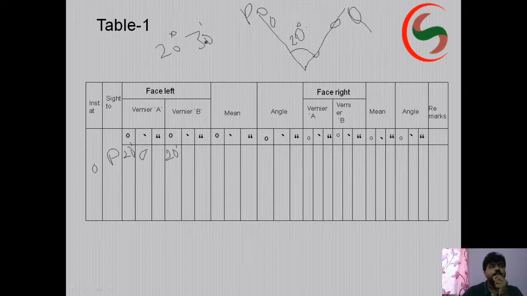It is the vernier line that coincides exactly with the main scale reading. Say it is 5 minutes, exactly coinciding, 0 seconds. What do you have to write here? Instead of 0, you write 5 minutes 0.